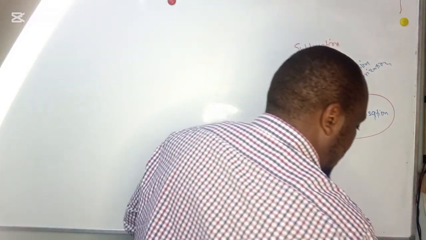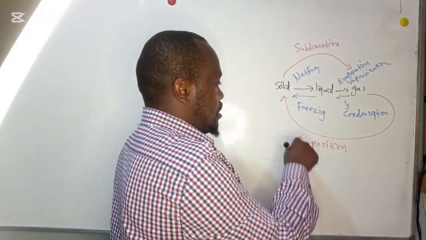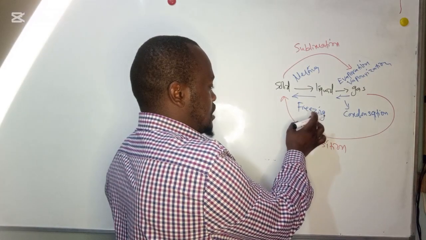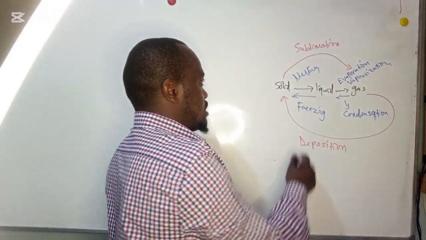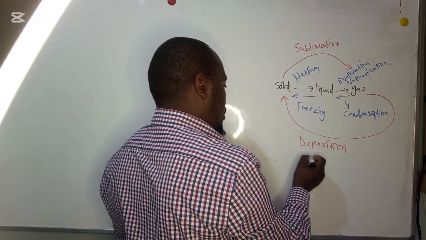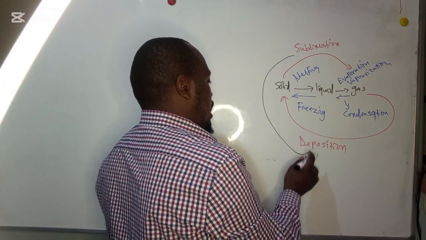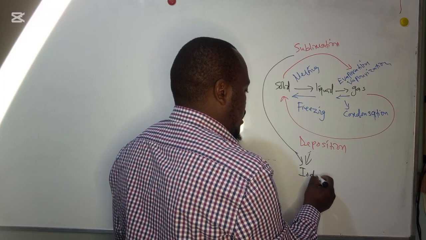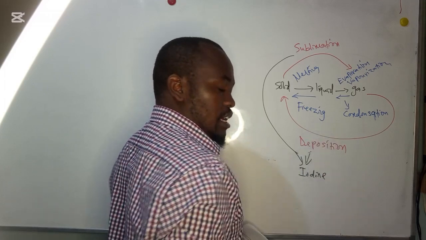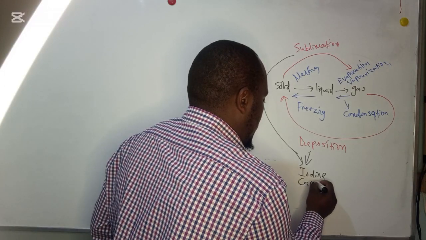So what substances undergo these two processes? We have mentioned iodine when I was drawing the periodic table. After fluorine and chlorine, below it I wrote bromine and iodine. So substances that undergo deposition and sublimation include iodine. This is the easiest example you can know of. Another one is camphor.